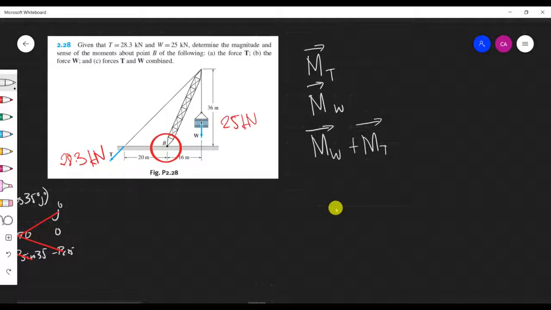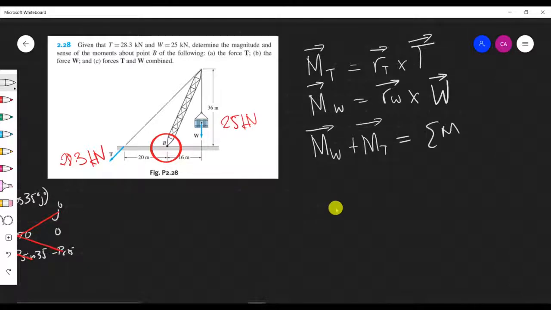Okay? Kapag ganyan yung hinahanap, alam na natin na R_T, yung distance vector, cross-multiply with force T. Gawin na lang nating T. Then, equals to R_W times W, the vector ng W. Tapos itong dalawa, edi pagplasin mo lang. Okay?